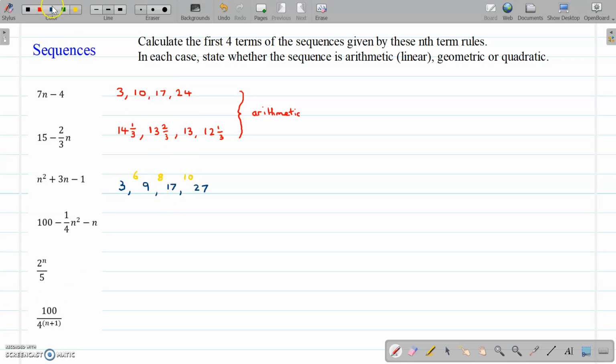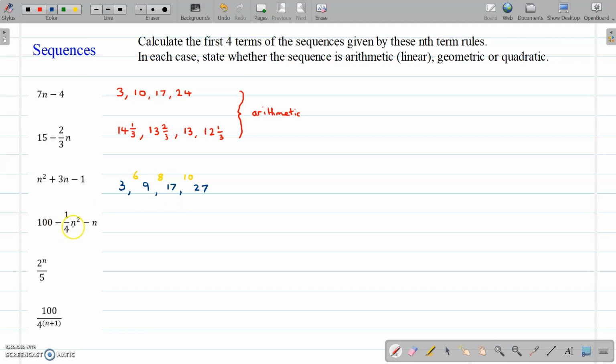Okay. Now we go to the next one, and this is another quadratic sequence because it contains an n squared term, but let's have a look at what happens with the terms in this one. Now this is a bit more complicated because of this quarter here, but we basically got 100 minus a quarter of 1 squared.